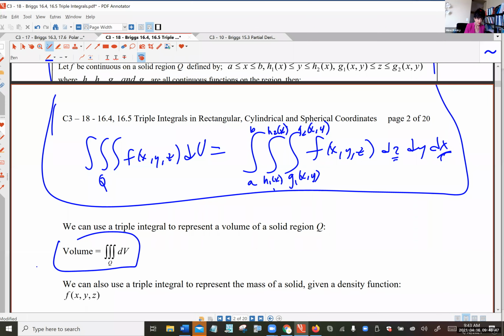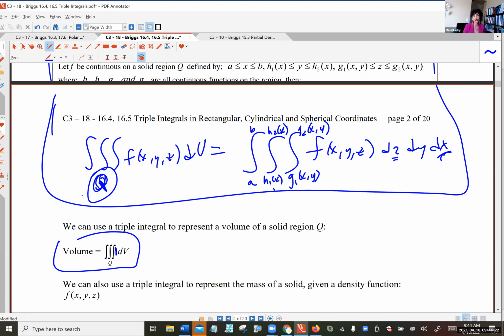Keep in mind with a triple integral, a big difference between triples and doubles is that you're integrating over a solid Q, a 3D thing, whereas with double integrals, you're always integrating over a region that's two-dimensional, like in the plane.